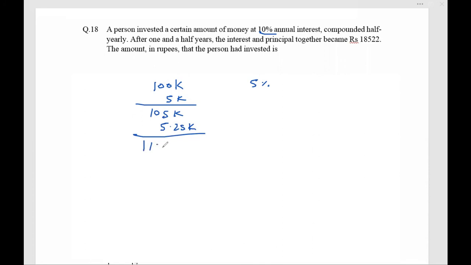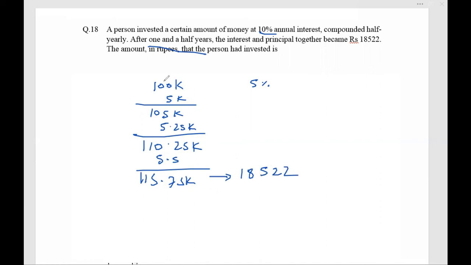Total 110.25k. Then again 5% on it for the next 6 months, because the total period is 1.5 years. 10% of this will be 11, so 5% of this will be very close to 5.5. So 115.75k, which is given as 18,522.